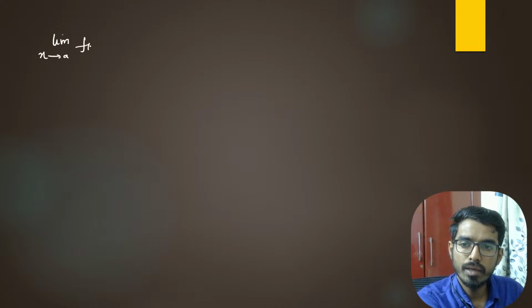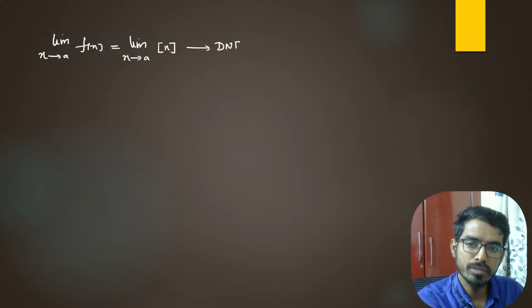So what we can conclude is that limit x tending to a of [x] does not exist if a is an integer, and this limit will exist if a is not an integer.